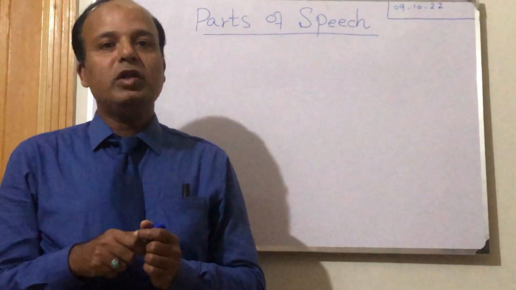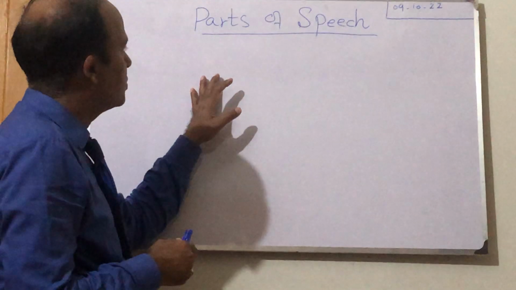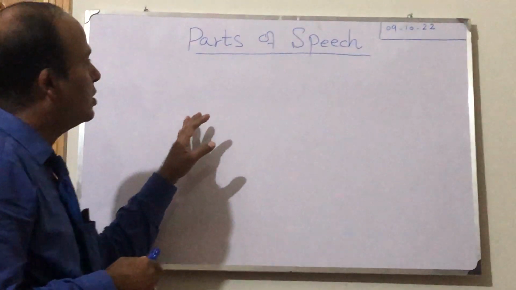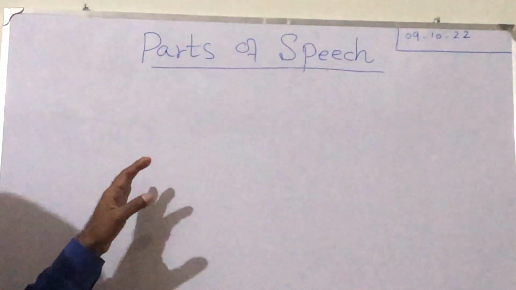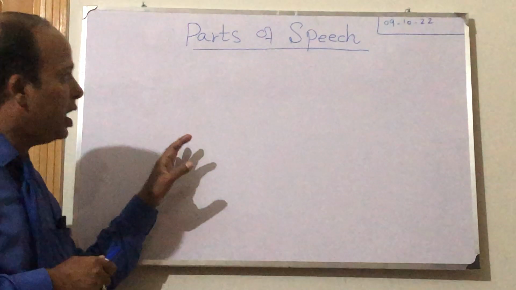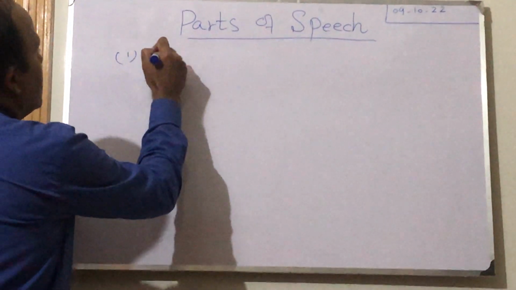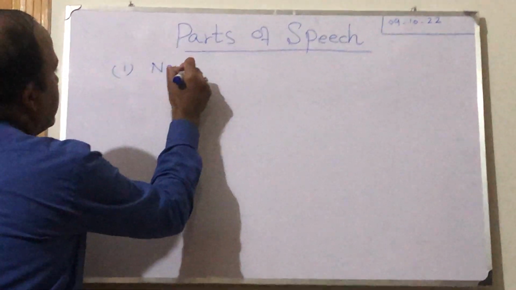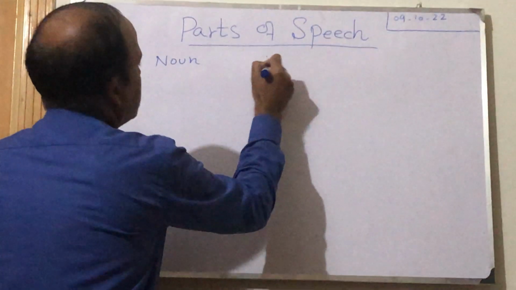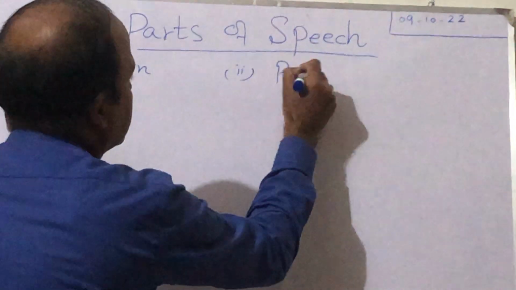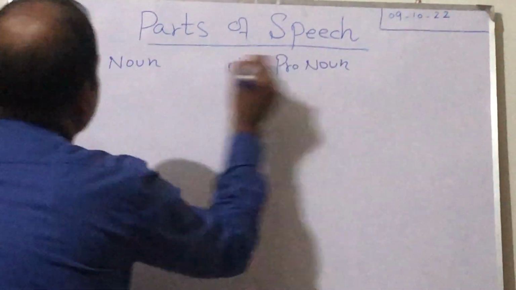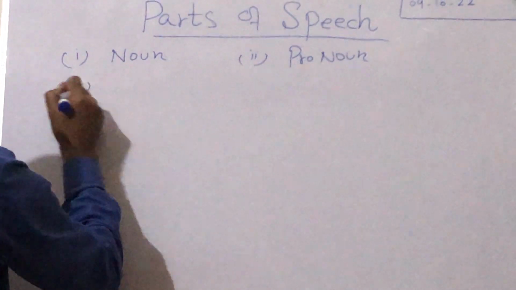Alright, today we'll talk about parts of speech. These are the fundamentals of the English language. Parts of speech happen to be 8. I'll write them one by one. First is noun. Second is pronoun. Third is verb.